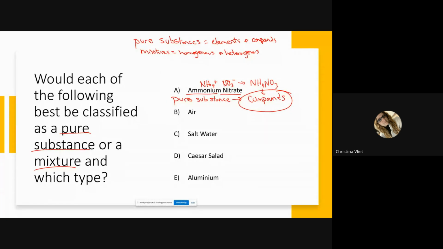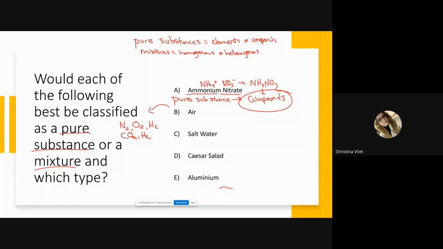All right, air. Let's go back. Air is a mixture of a bunch of different gases. It's got some nitrogen in it, some oxygen, some hydrogen, a little bit, not too much, or else the air would explode when there's fire. It's got some carbon dioxide, some helium, and et cetera, et cetera.